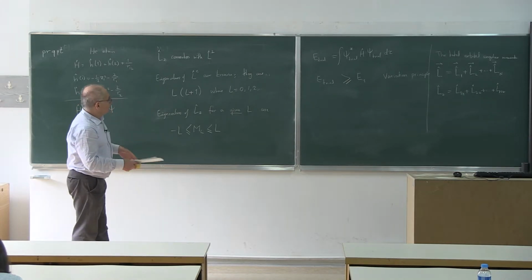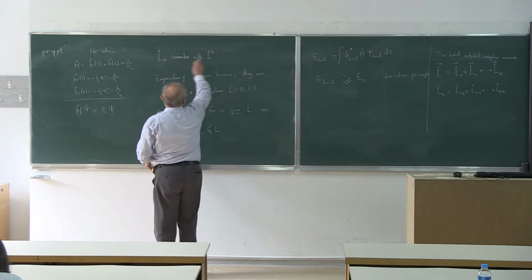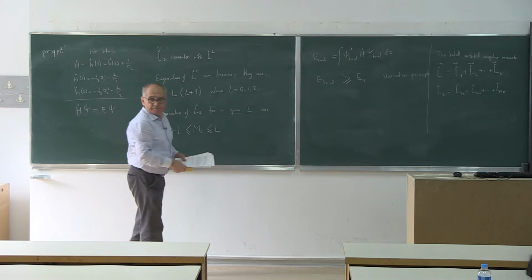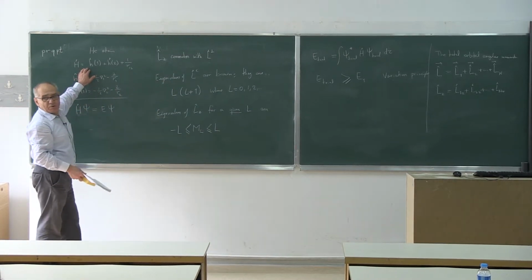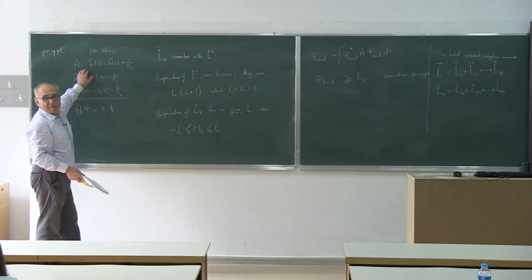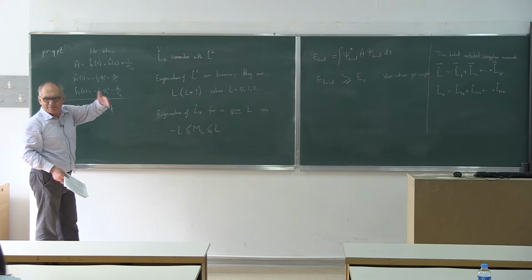Now, Lz and L square also commute with the full atomic Hamiltonian. This is for helium, but you may take any atom with any number of electrons.